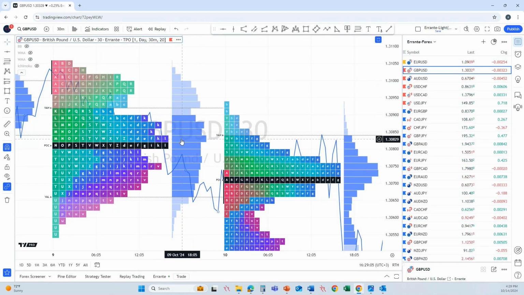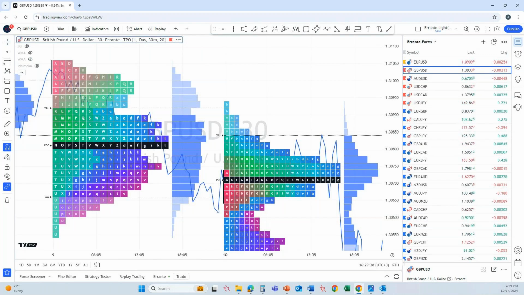And this means that the market spends most of its time in a narrow range with price moving sideways, indicating a state of equilibrium where buyers and sellers are in agreement. In such cases, the market is neither strongly trending up nor down, but rather consolidating within a range. So a breakout above the VAH or below the VAL could lead to a new directional move.